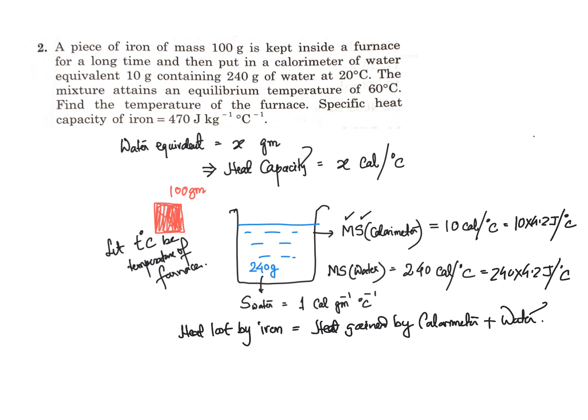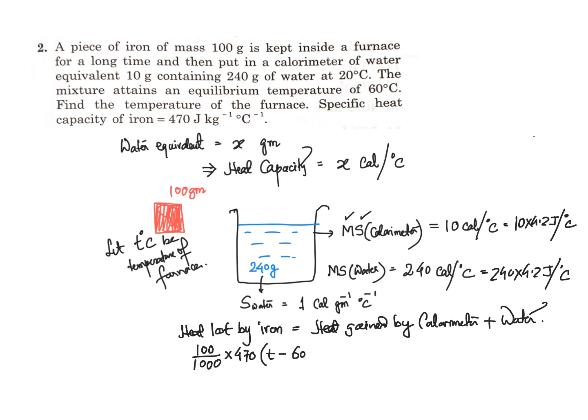So now what is the heat lost by iron? Mass of iron 100 by 1000 in kg, mass into specific heat 470 into change in temperature. T minus 60 or 60 minus T?